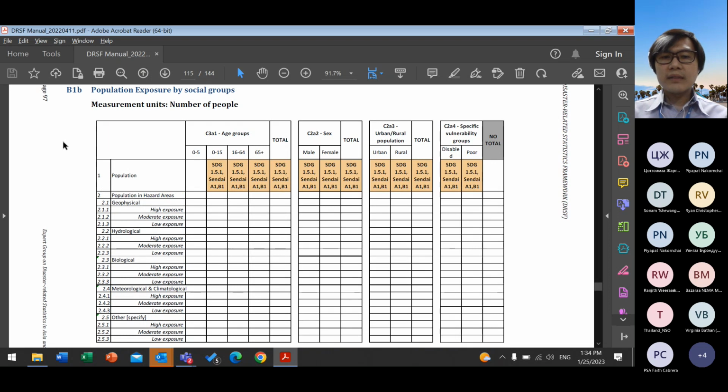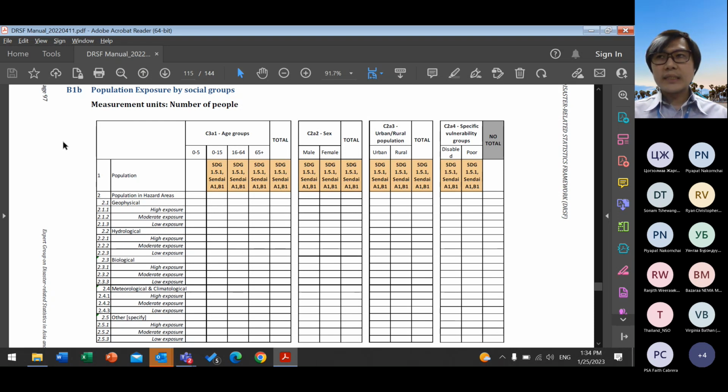The columns are different sectors of population of priority. So we have different age groups, sex, urban rural population, and we have the last column, which are other vulnerability groups that might be of interest for policy understanding, that we might want to have some information on. So this table would be a combination of two main sets of information.